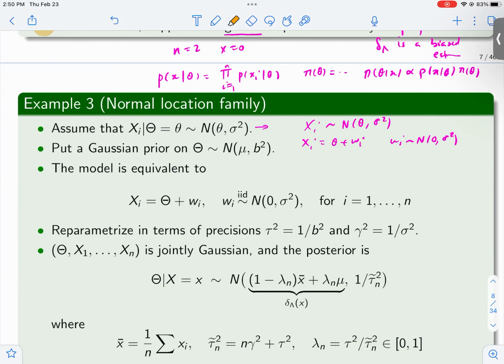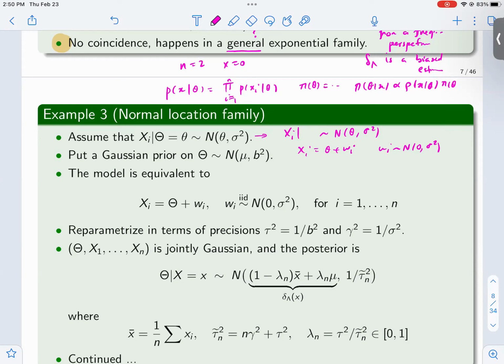What I'm advocating, which is very special to this Gaussian family, is to write it like this. Conditional on theta, xi given theta equal to theta is like that. Then you can just replace it with theta. That would be your general model, where theta is independent of wi. You can easily argue for yourself that if I have x given theta normal and then I have theta, it's like having xi equal to theta drawn from the prior plus independent Gaussian noise with mean 0.